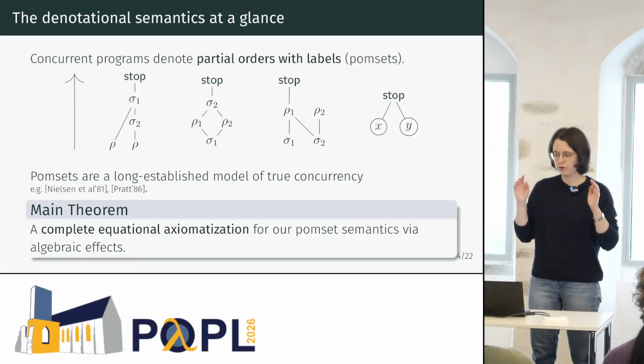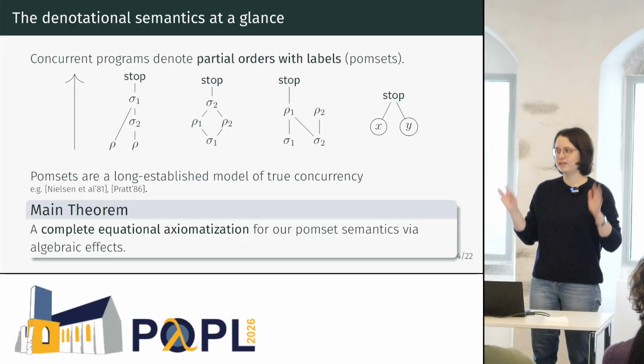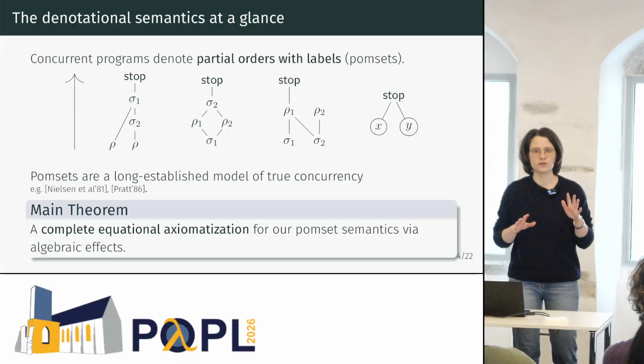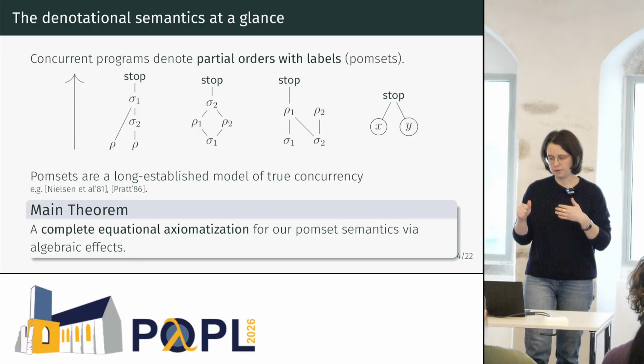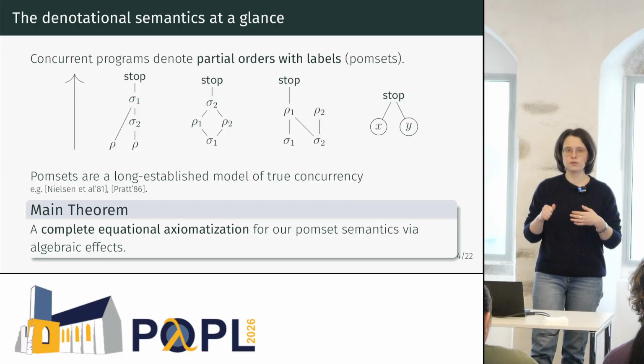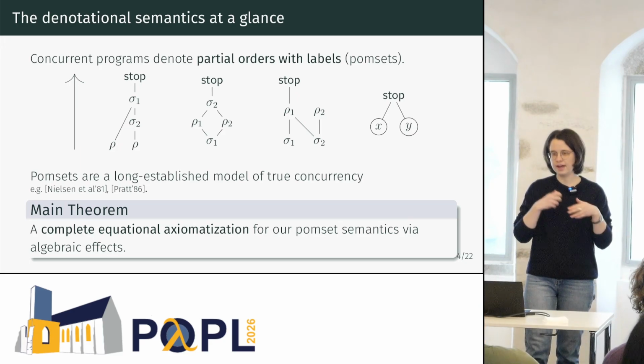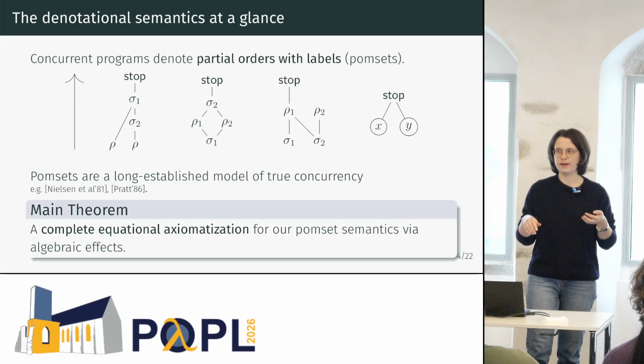Of course, POPsets are a very well-established model of true concurrency. But in our work, we go a step further because we also give a complete axiomatization to our POPset semantics, and we do this by using algebraic effects.